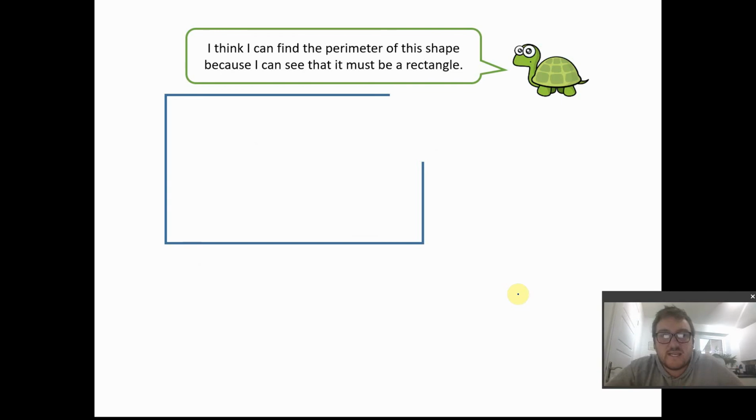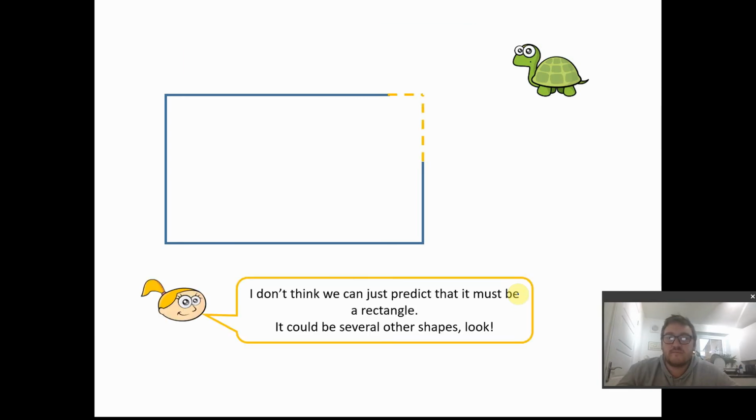Okay, so Tiny Tim has said, I think I can find the perimeter of this shape because I can see that it must be a rectangle. Now, the girl replies, I don't think we can just predict that it must be a rectangle. It could be several other shapes.